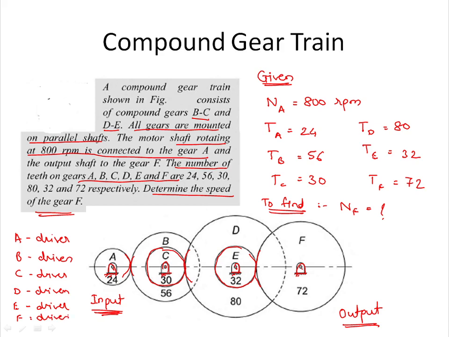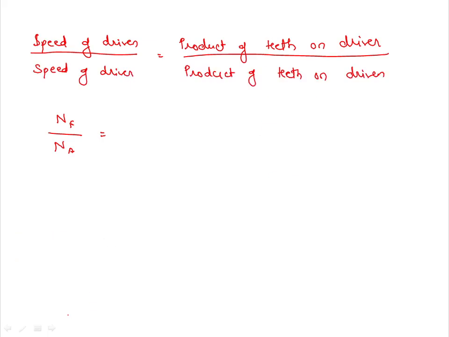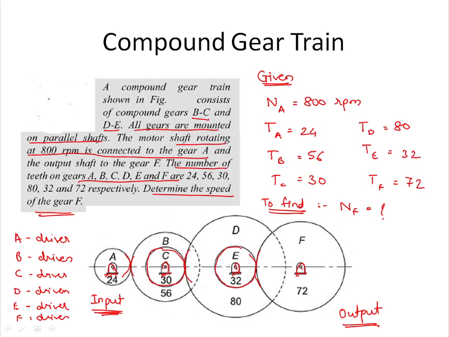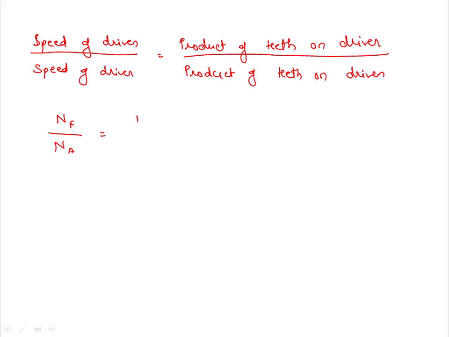Now just put the values. Product of teeth on driver divided by product of teeth on driven. So driver is A, C and E, so it will be A, C and E divided by product of teeth on driven, which will be B, then D and F.